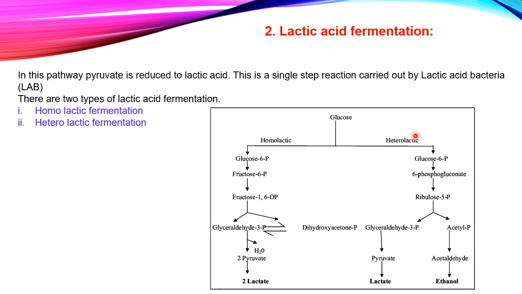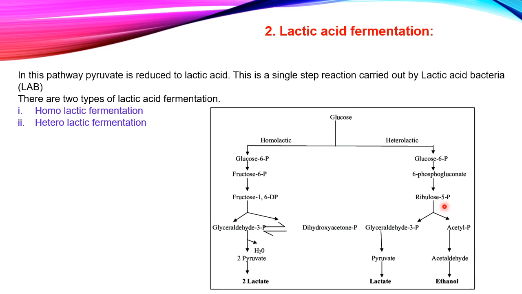But in the heterolactic pathway, can you see which pathway this is, which we have already discussed in previous classes? This pathway is nothing but our pentose phosphate pathway, where ribulose, a pentose, is formed.